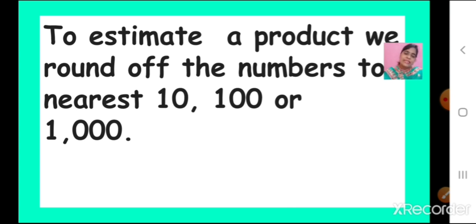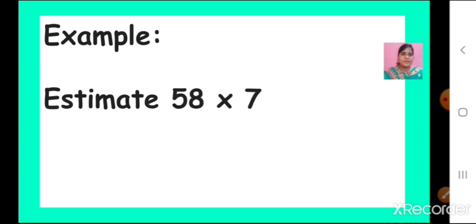So children, let us understand how we are going to estimate in multiplication. Let us see an example where we have 58 multiplied by 7. We have to estimate 58 multiplied by 7, to find out a rough product.